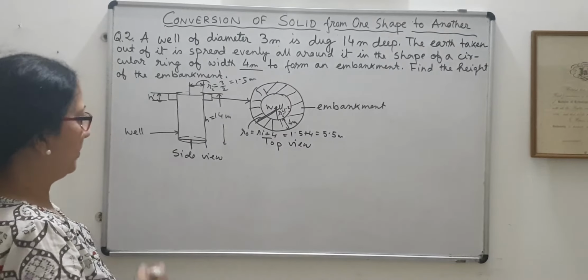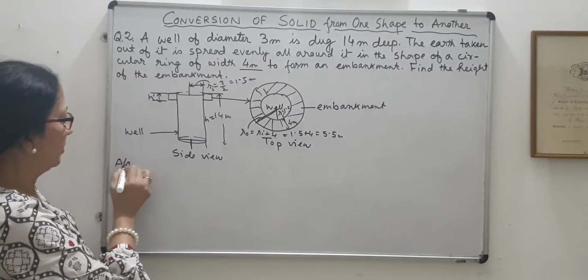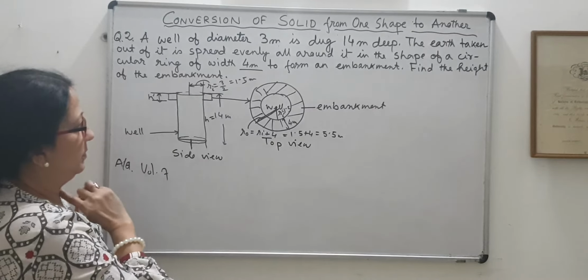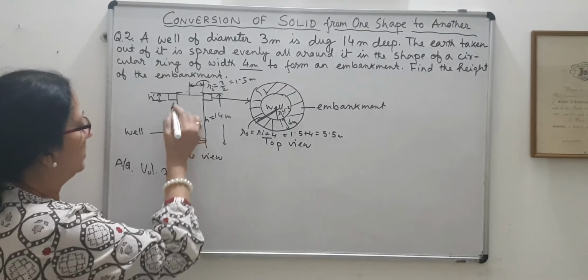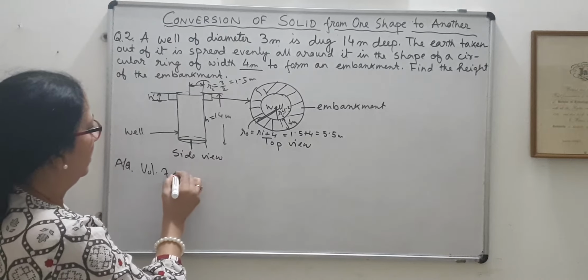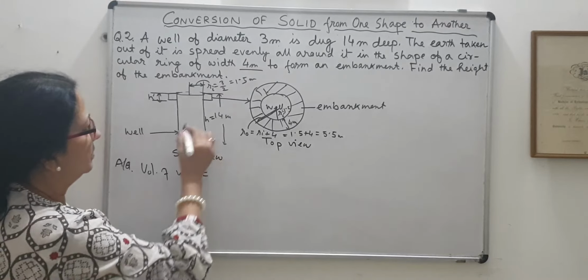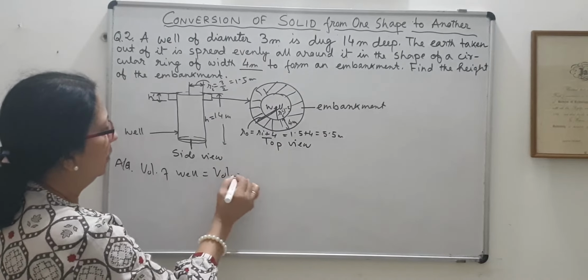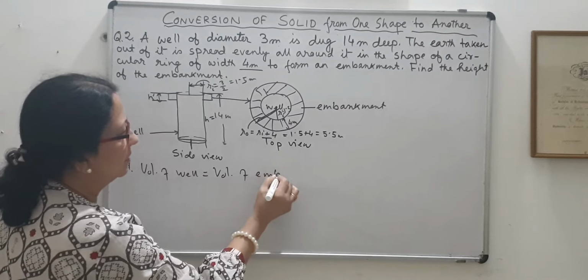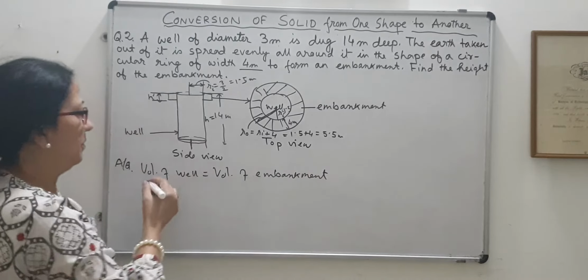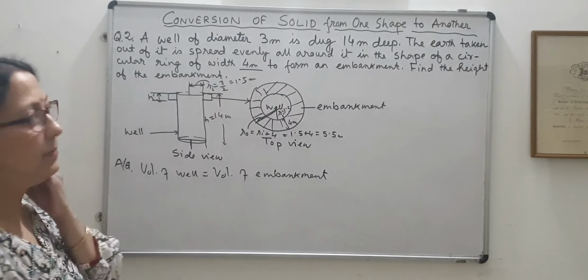So you should write, according to the question, volume of this cylinder, or volume of well, is equal to volume of embankment. This is the idea, because I have taken out the soil and spread it over this.